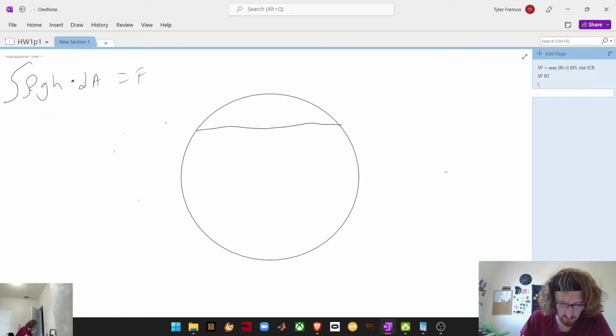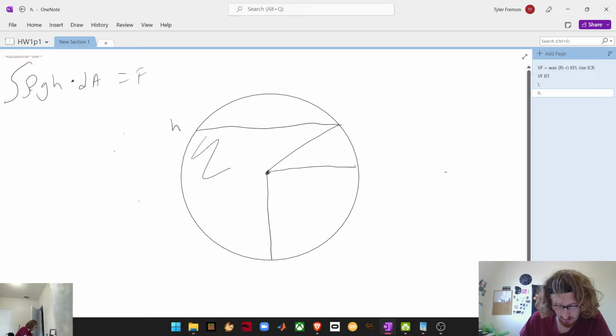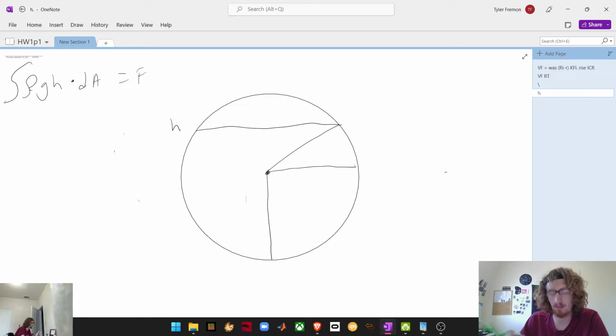We have fluid level H, same as before. It doesn't matter if the fluid level is above or below the midpoint. We have these two sections of this entire circular segment here, and we're just going to look at this half right now because we can multiply by 2 later on.